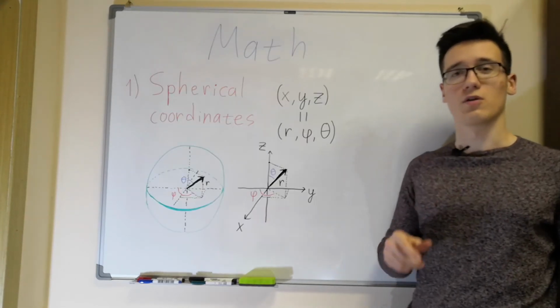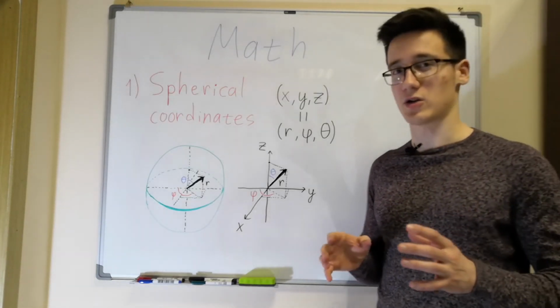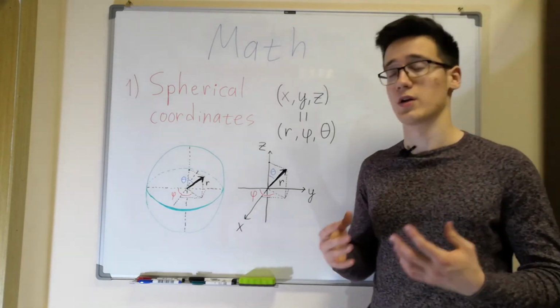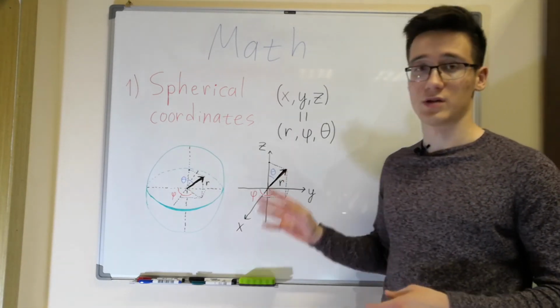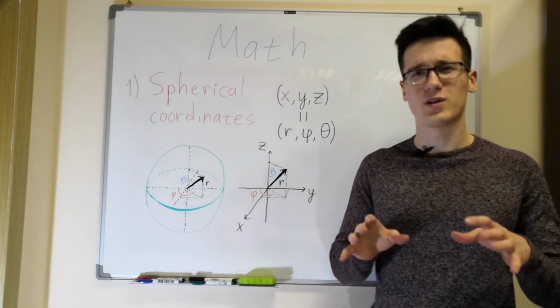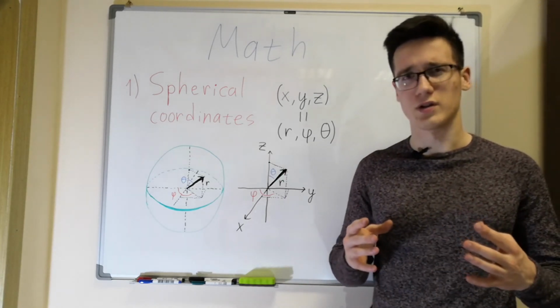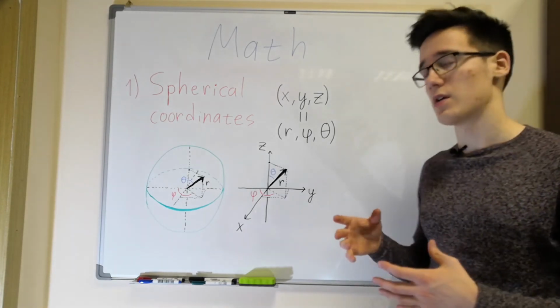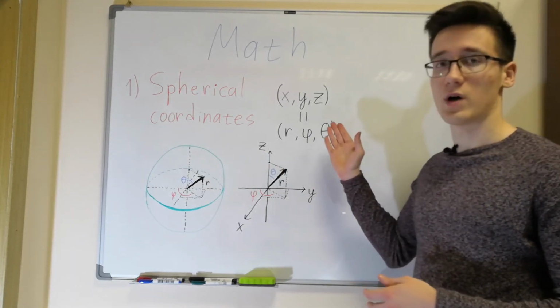All right, so this is the math section. And the first topic that we're going to cover here is spherical coordinates. Now, you're all familiar with Cartesian coordinates, which are for a 3D space, and they are denoted x, y, z.